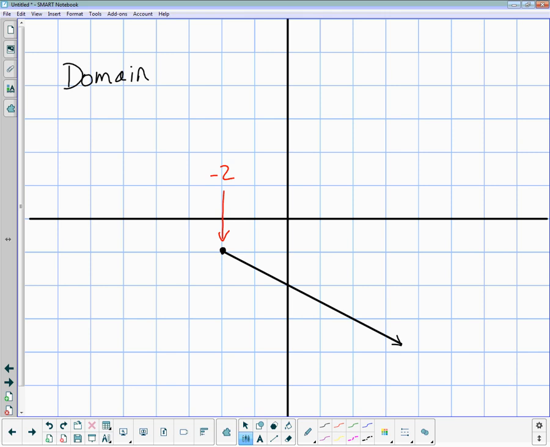So everything that I want to write, I want to say x's, how? X's are what values? Let's start with an x. X's are greater than, things bigger than negative 2.